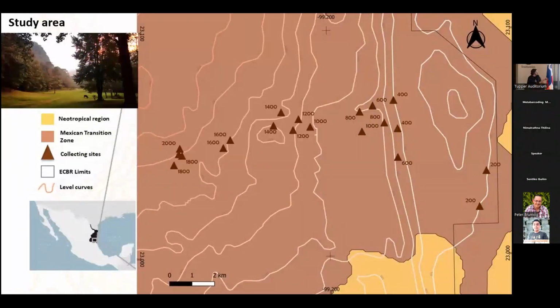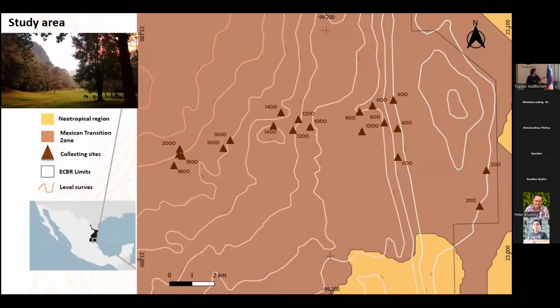And this is the view of our sampling transects. We had 2 of these transects, and on the scale of, let's say, 10 kilometers, there is a change in elevation from 200 to 2,000 meters. So it's a rather compressed, short gradient, which I think is an advantage.